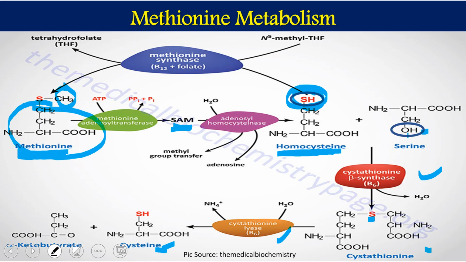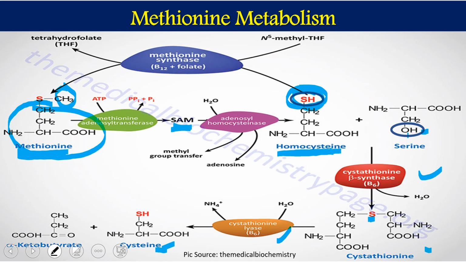Now, homocysteine does not have only this pathway by which it gives me cysteine. It has another pathway by which homocysteine is converted back to methionine by an enzyme called methionine synthase.